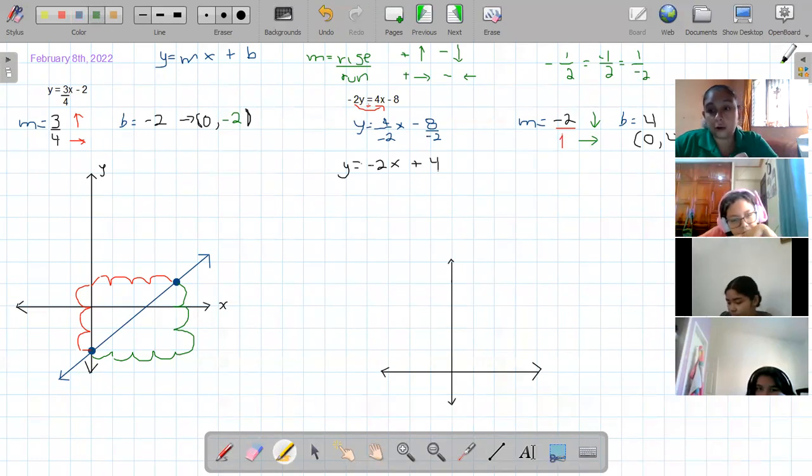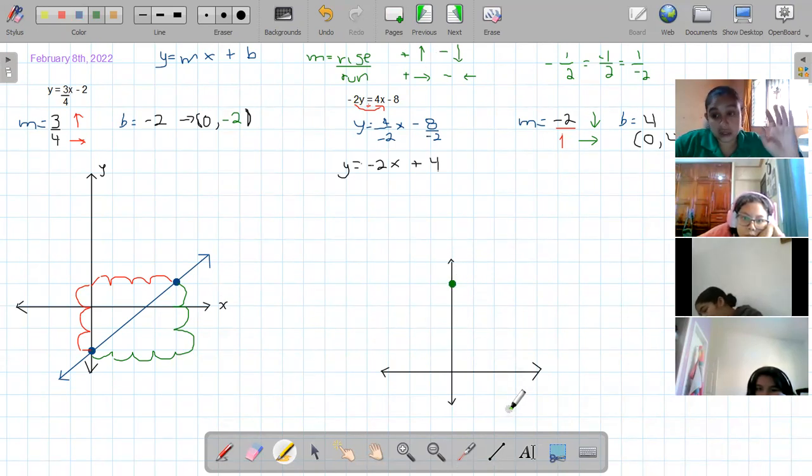Graph the ordered pair of the intercept (0, 4). So 1, 2, 3, 4. And you see how I actually don't need to make a really big coordinate plane. I just need to place the amount I need. Since I started with the rise, I'm going to start this one with the run. So the run is 1, so I go 1 to the right.